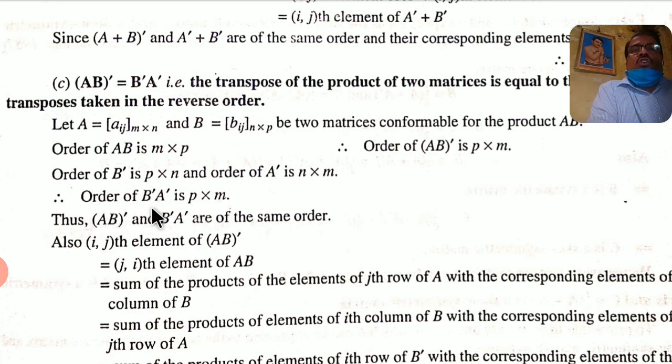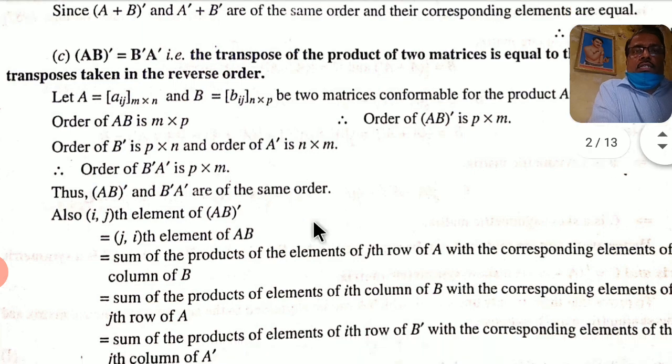The order of B'A' is P cross m, and the order of (AB)' is also P cross m. Therefore both are equal, that is (AB)' is equal to B'A'. This is how we prove these properties of transpose.